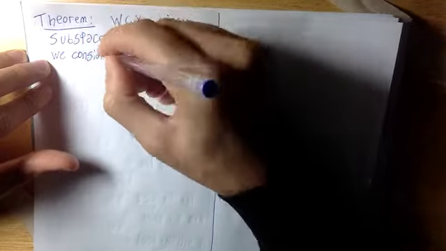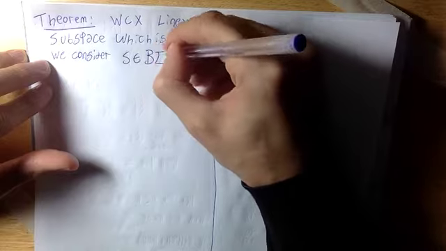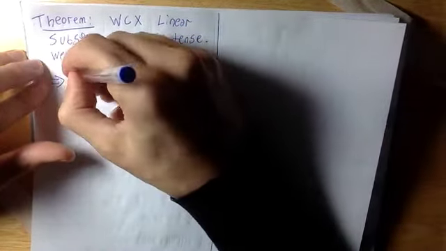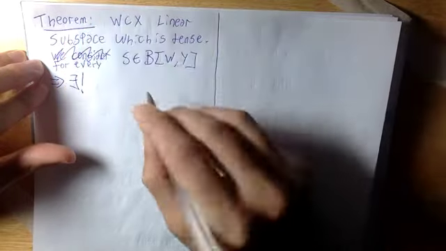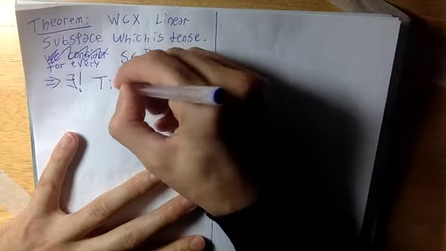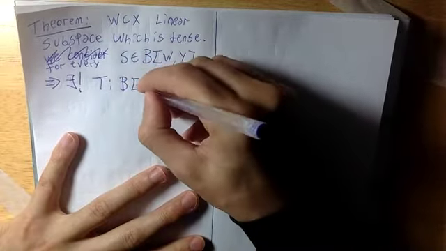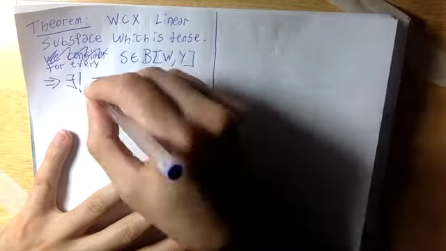Okay, so we consider S in the bounded linear functions from W to Y. Then for every S in the bounded linear functions from W to Y, there exists a unique T in the bounded linear functions from X to Y, such that T is an extension.